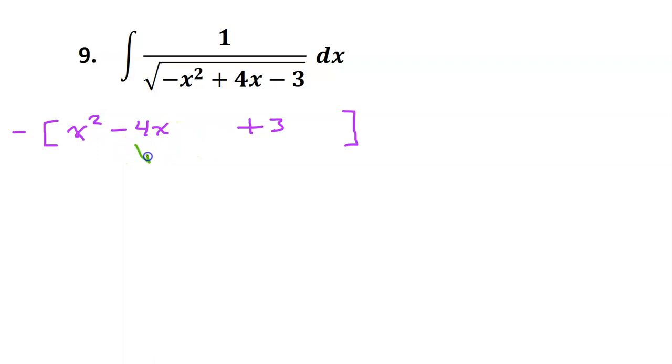So the middle is -4. Now if I take half the middle, that's -2. And then if I square it, then that's 4. So that tells me what the magical third term needs to be. So I'm going to put a plus 4 right here.